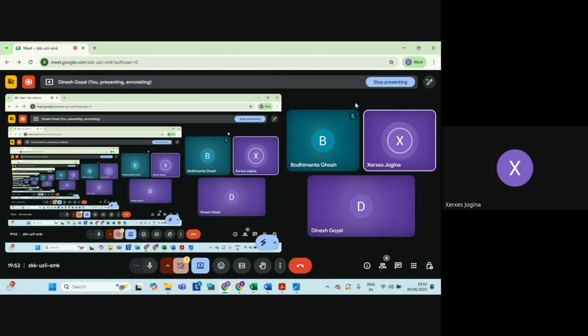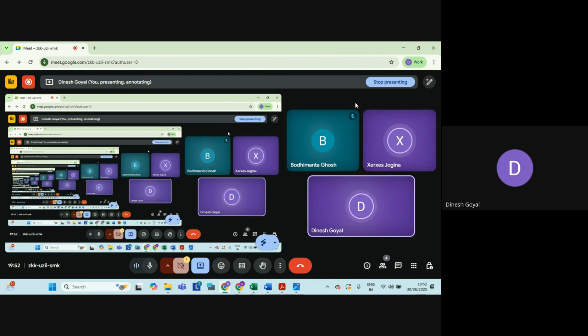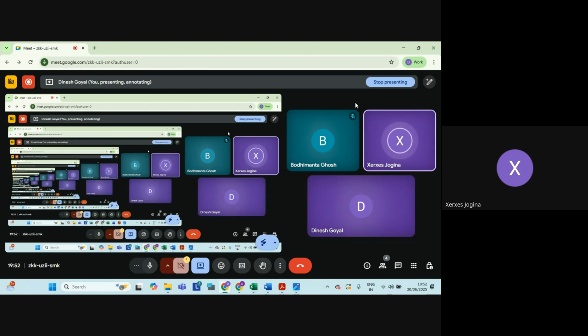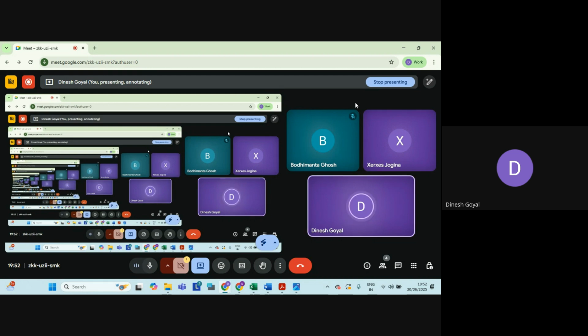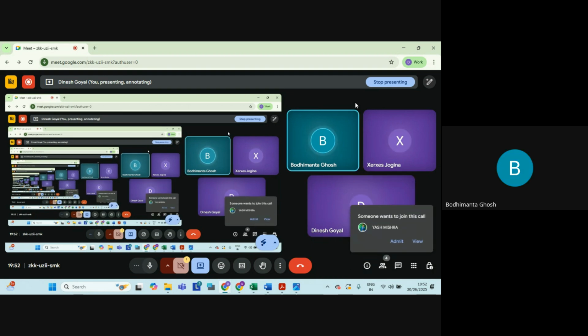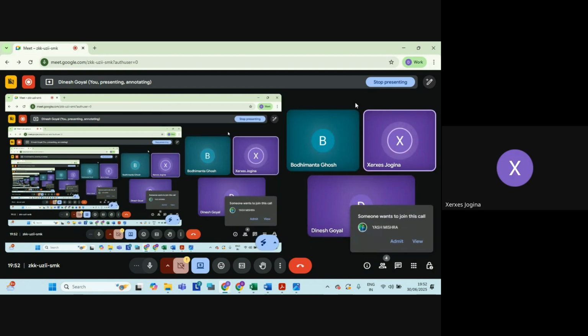I'm not able to understand which key. Can't you see which key is below CALC? 6 is there. Oh my God, how will I explain to you? Where is the CALC key?